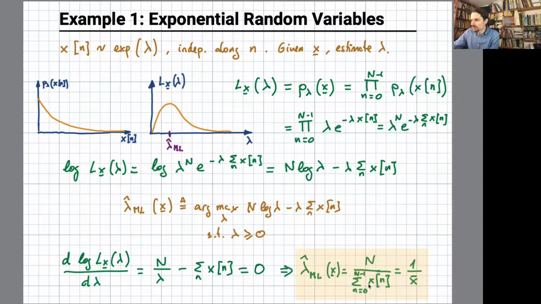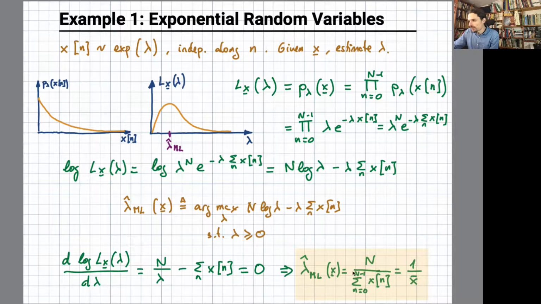Since all the samples are non-negative, this denominator is non-negative, and n is also non-negative. Therefore, this estimator will never take negative values, and therefore this constraint is satisfied by this solution, and we don't need to think more about it.